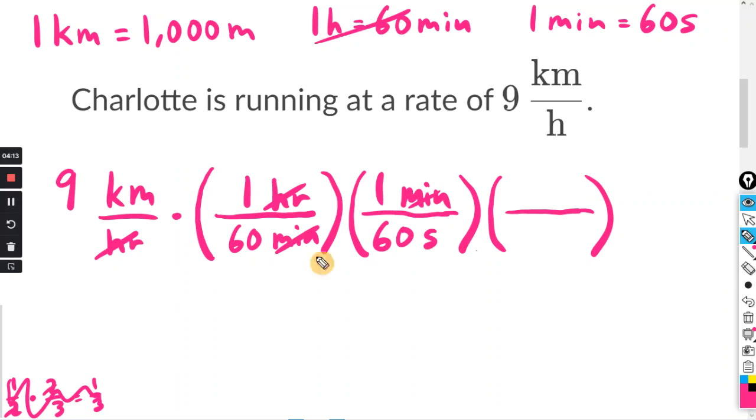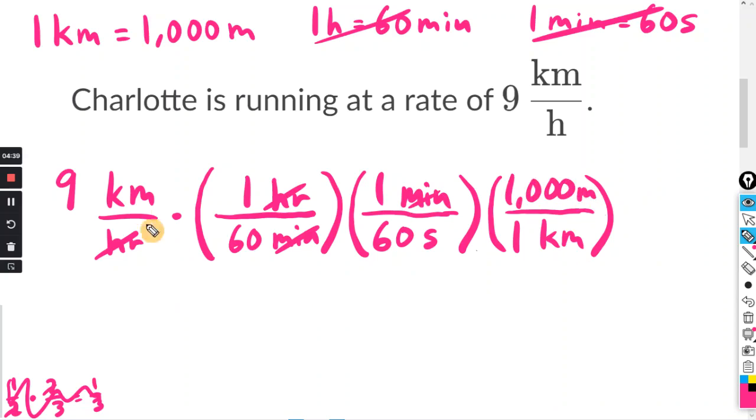Seconds we want to keep, but we want kilometers in terms of meters. Okay, we use that one. 1 kilometer equals 1,000 meters. We have kilometers in the numerator, so I want kilometers in the denominator. So it cancels. Okay, 1 kilometer equals 1,000 meters, so I'm going to put 1 kilometer and 1,000 meters.